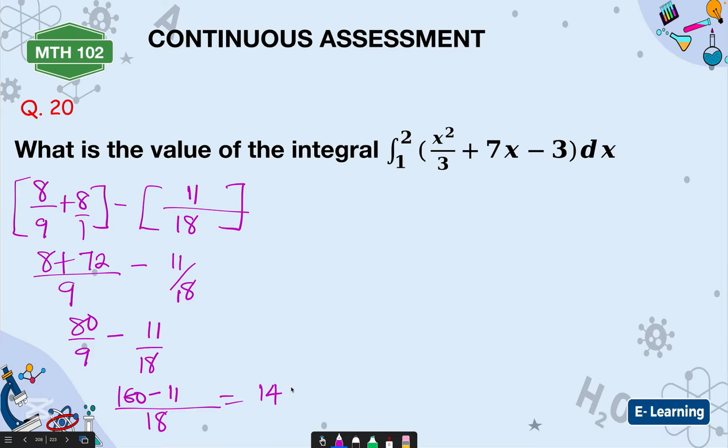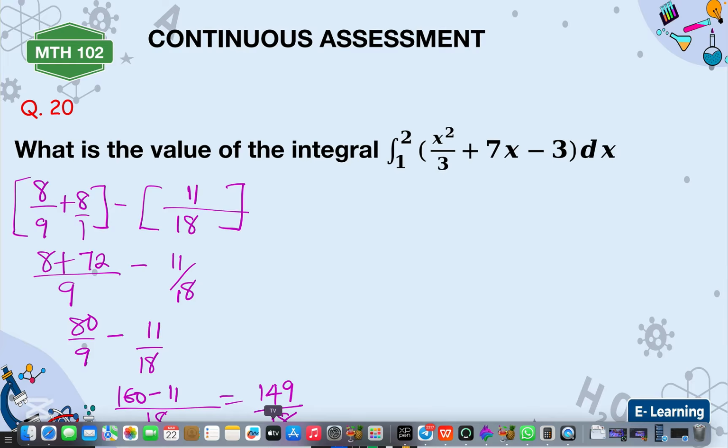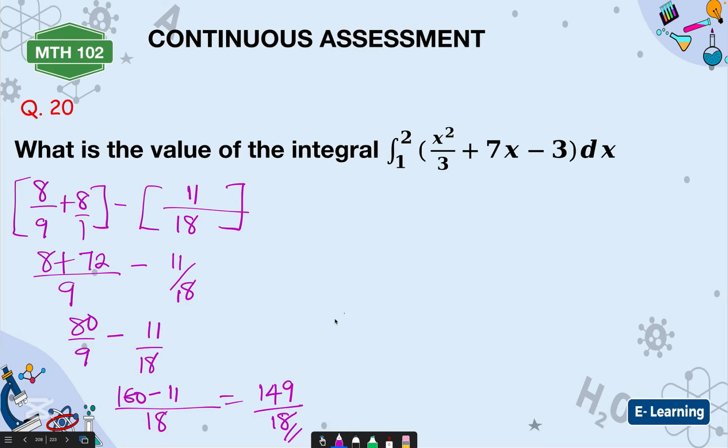So we'll have 149 divided by 18 as the final answer. All right. So that is the answer to that question: 149 divided by 18. Is that okay? So let's look at the next one.